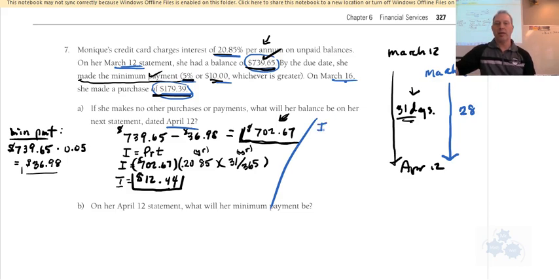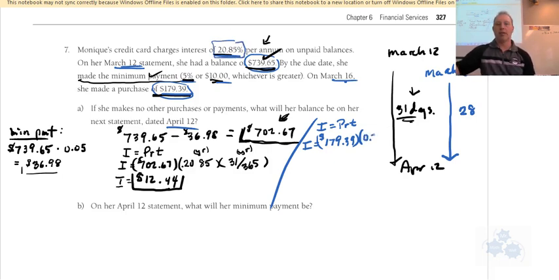So let's go again. I equals PRT, and we already know what this one's going to be. So I is the principal of 179.39, right, times R. So what's the R? Is it the same as before? Yep, same credit card, so same rate.